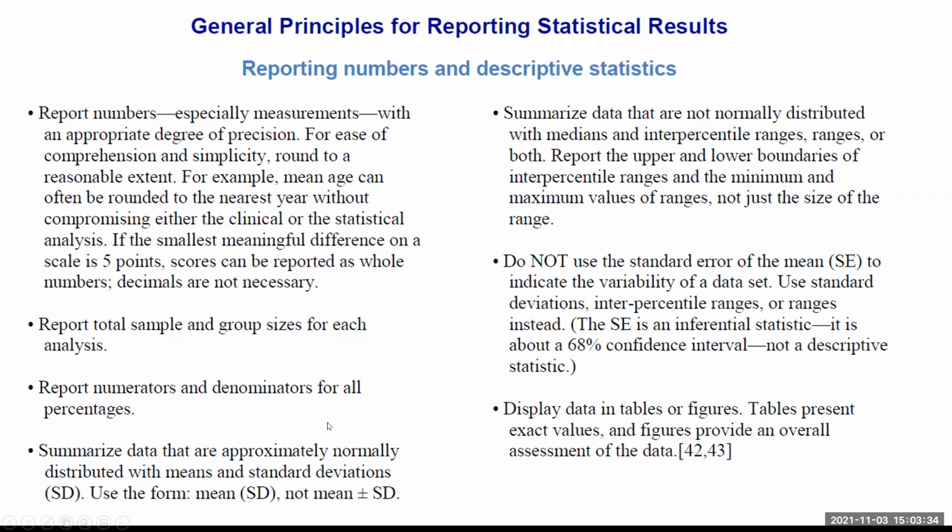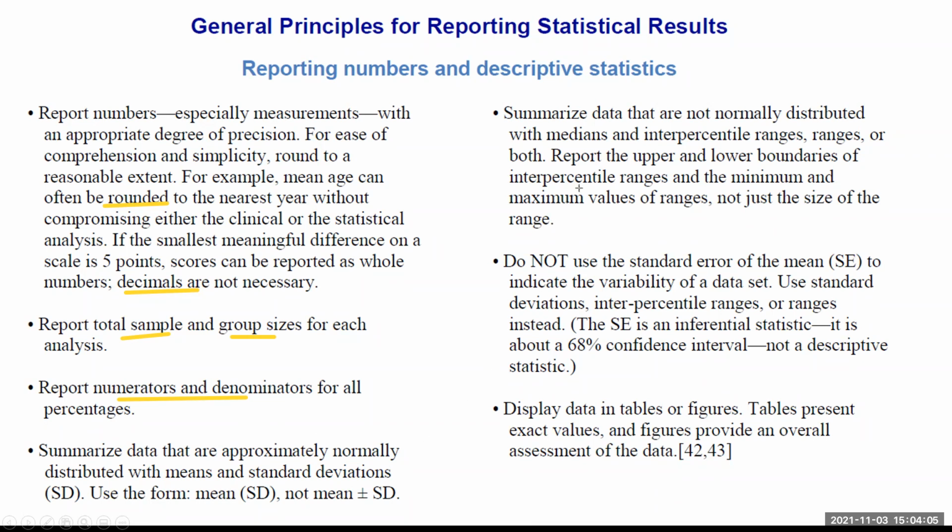So don't report an unnecessary level of decimal places. You should be rounding your numbers. You should report both the total sample and the group sizes for each group. For percentages, as I showed you earlier, don't just write a percentage with a decimal place, but also include the numerator and denominator.